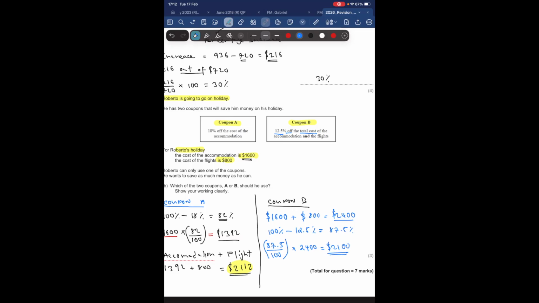So what you'll notice is that for coupon A, the total cost is $2,112. Coupon B is $2,100. So coupon B is the better option, and Roberto should use coupon B rather than coupon A.